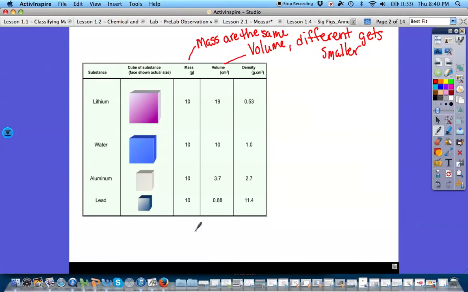So even though the mass stays the same, the volume is different, and therefore the density is going to be different.